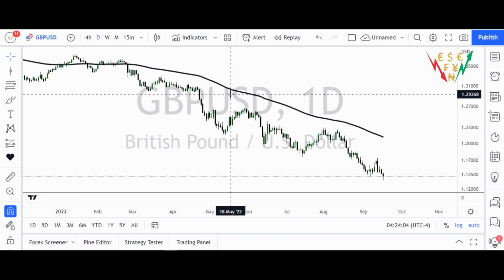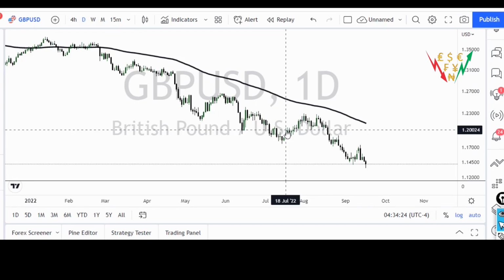Going short simply means to sell, and selling means you're expecting the price to fall. So if you're holding a sell position, for you to make profit off that market, the price has to fall. However, on the opposite side, if you're going long on the market, that means you're buying the price. So that's just the little terminologies we're going to be looking at here.